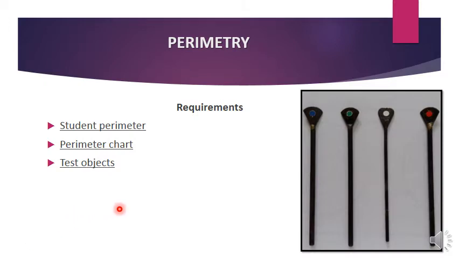Test objects. These are the test objects, and they are basically metallic rods with flat heads. Over the flat heads, colored pieces of paper are pasted and they are used as test objects in this practical.